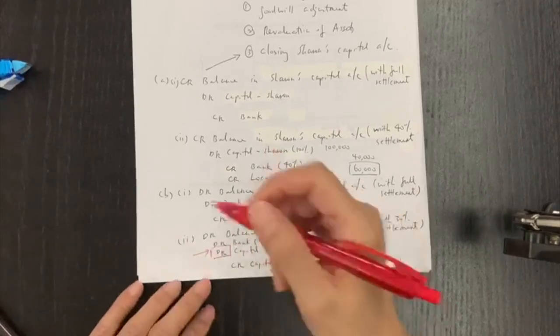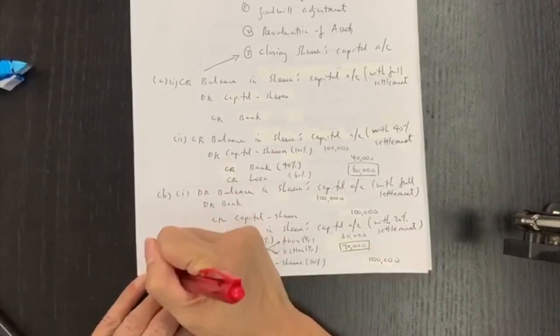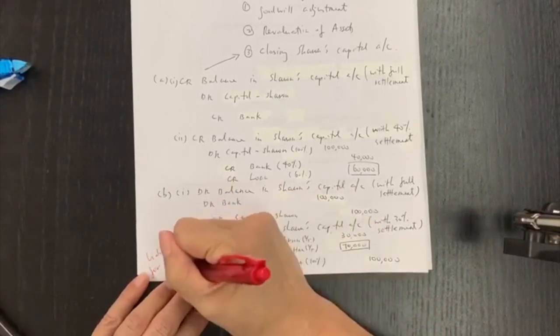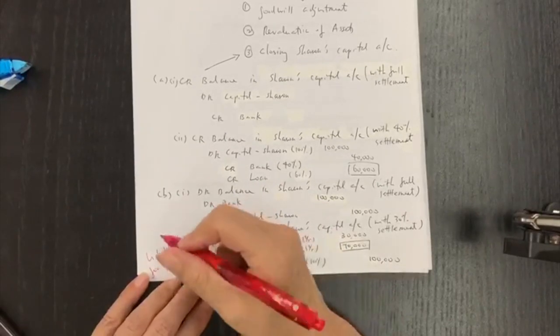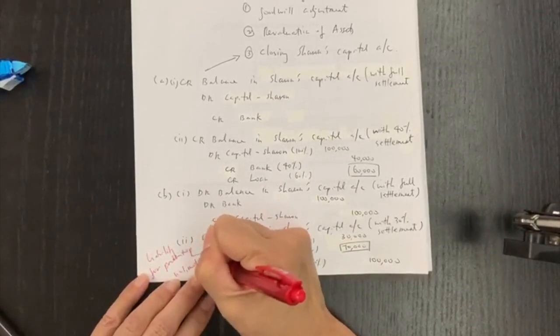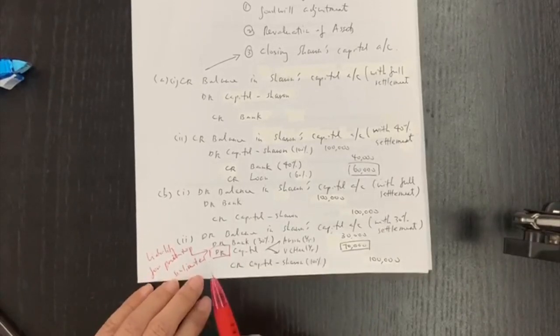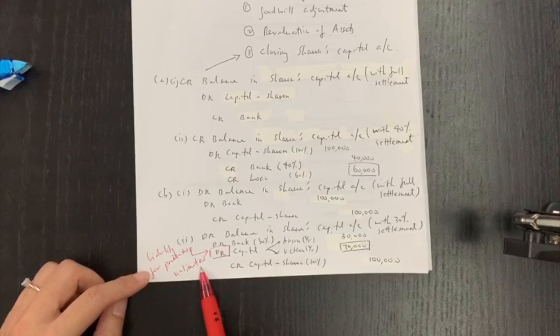Because remember, the liability for a partnership is always unlimited, and this is one of the disadvantages of forming a partnership.